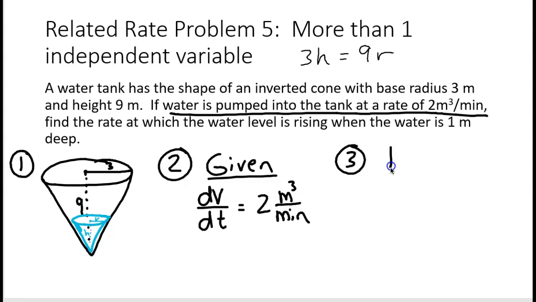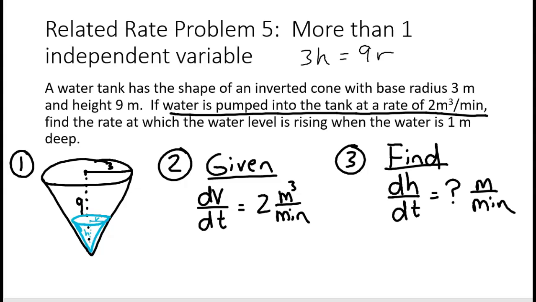Why don't you guys try to identify what rate it is that we're trying to find. Pause the video, and when you unpause it, I'll show you my answer. So it's asking us to find the rate at which the water level is rising. And that's represented by our little variable here, h. That h represents the height of the water at any given point in time.